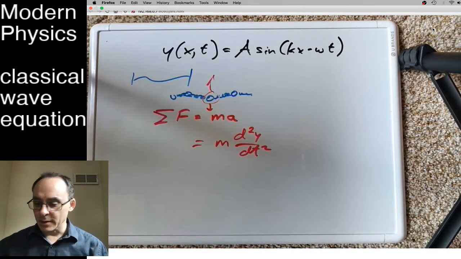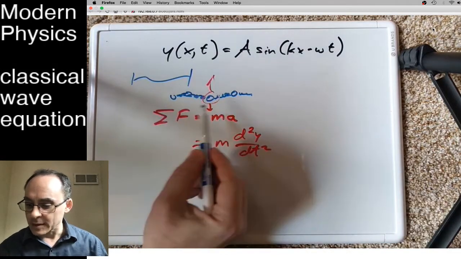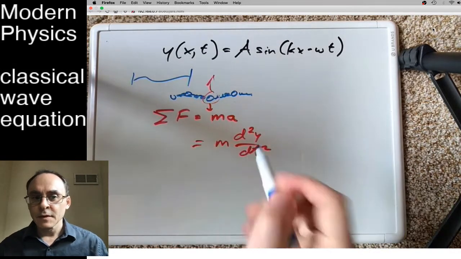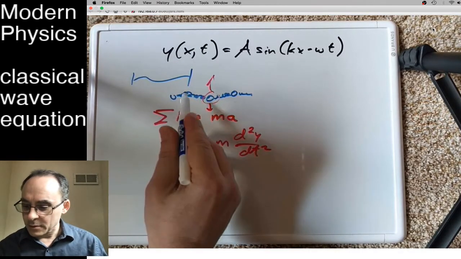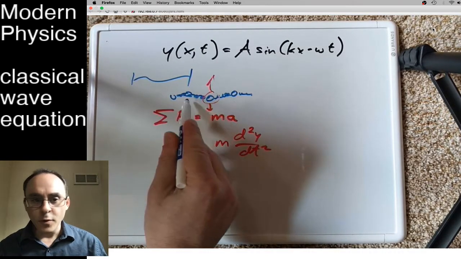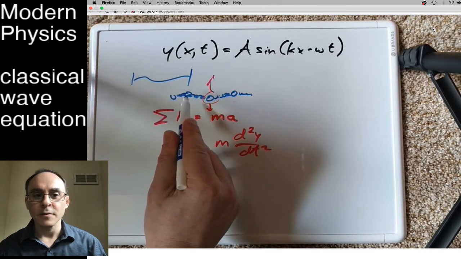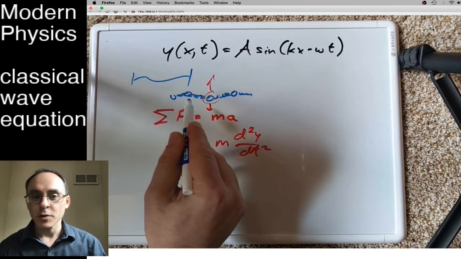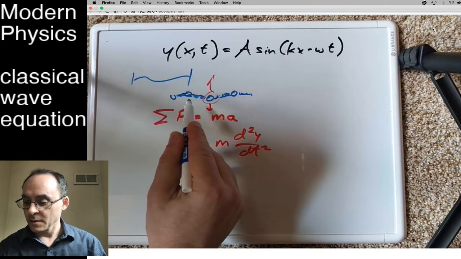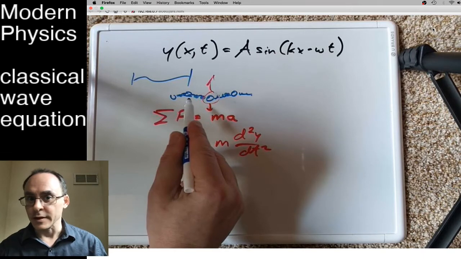If it's above its neighbor, it gets pulled down. If it's below its neighbor, it gets pulled back up. So what contributes to each force is not the position y, but its difference from the position of the previous mass or the next mass. So it's the change in position with respect to x, a derivative, really.